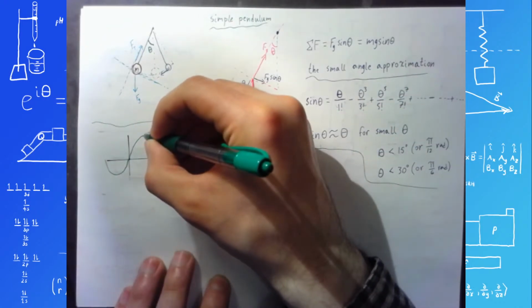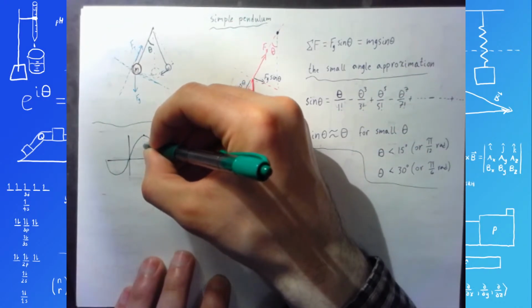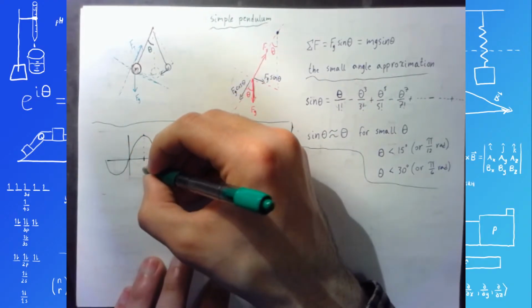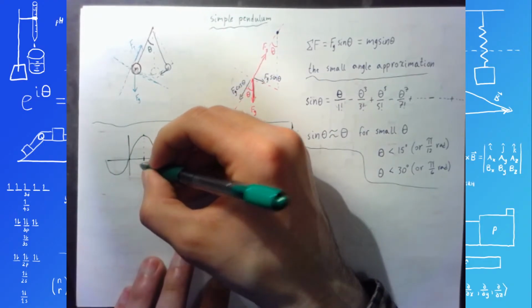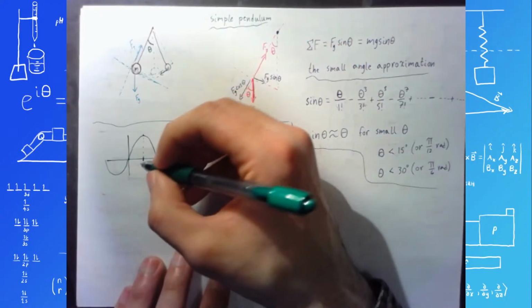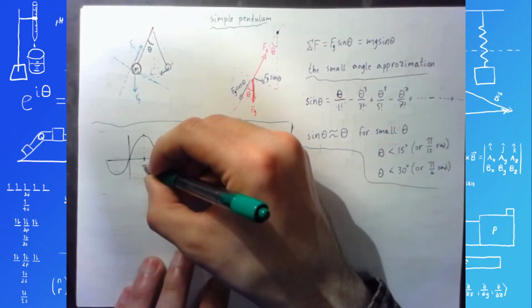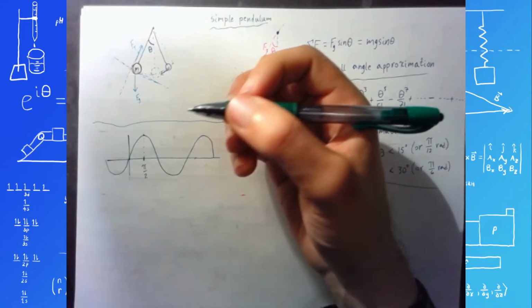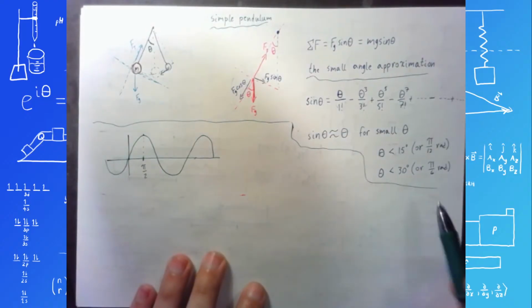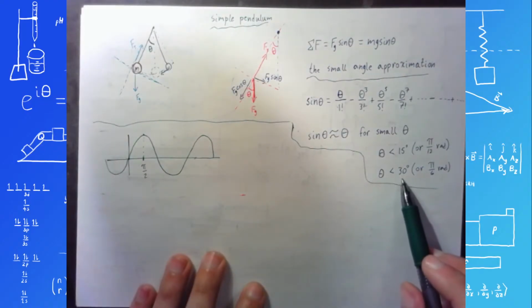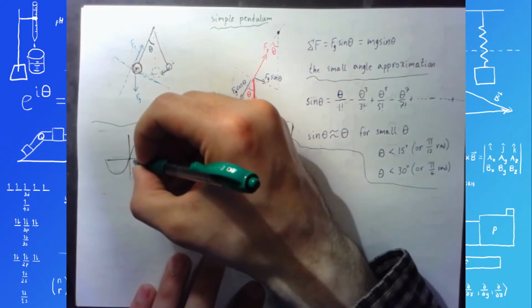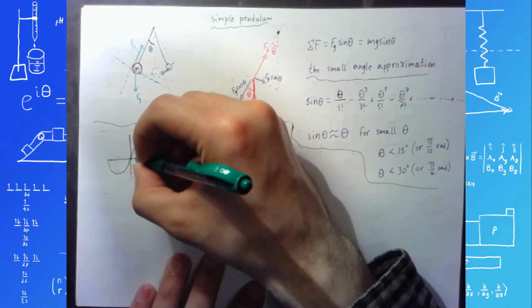And we know that this first hump over here occurs at 90 degrees, or pi over 2. And 30 degrees, pi over 6, well, that's 1/3 of the way to 90 degrees. So that's around here.